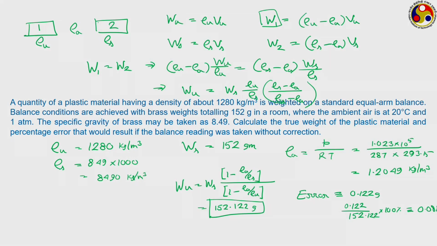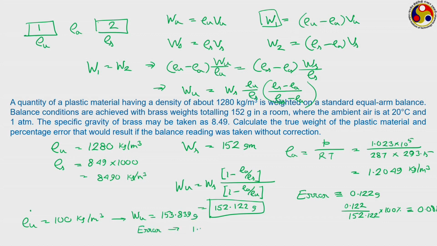However, if we talk about a material having a different density, let us consider this body is made of some arbitrary material with a density rho u of just 100 kg per meter cube. If you do the calculation now, then your W u will come as 153.839 gram. So, a much higher level of error.